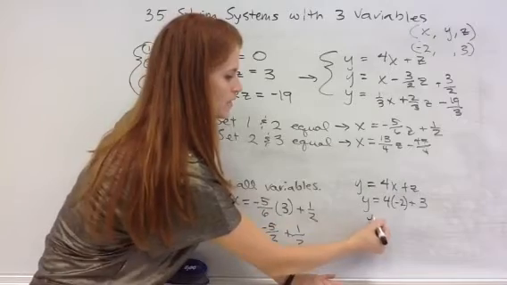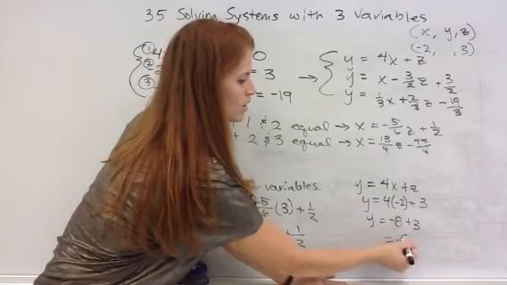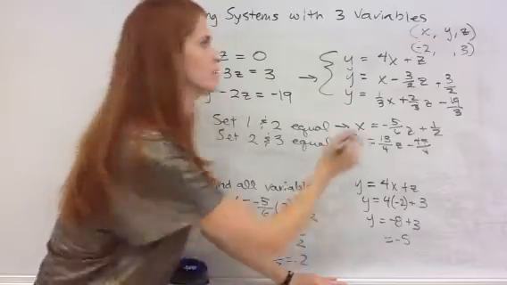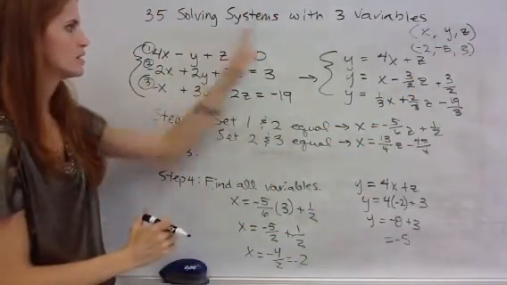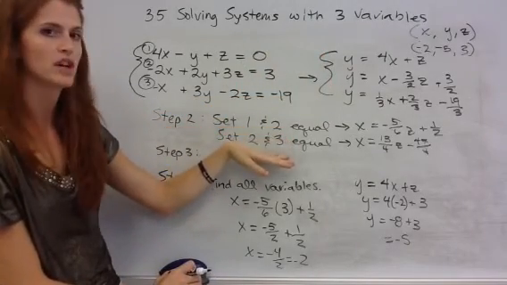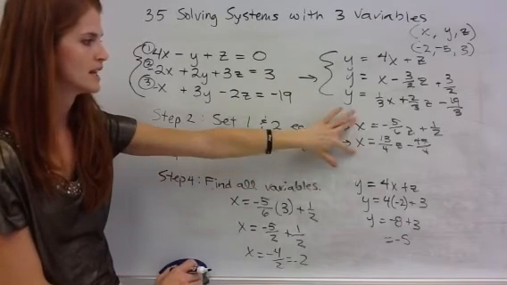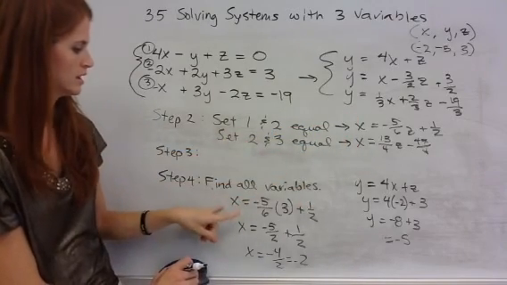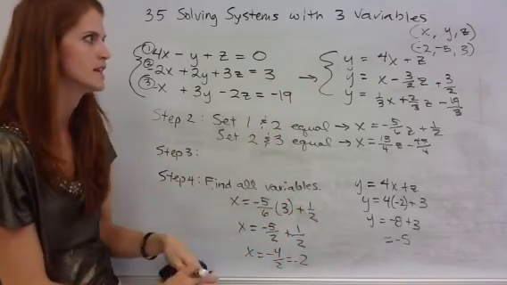This gives me a negative 8 plus 3, or a negative 5. So I've gone through steps. Step 1 was to get y by itself. Step 2, set these equal to each other. Step 3, find one variable by setting these two equal to each other. Step 4 is to then find all the other variables. So now we have x, y, and z.